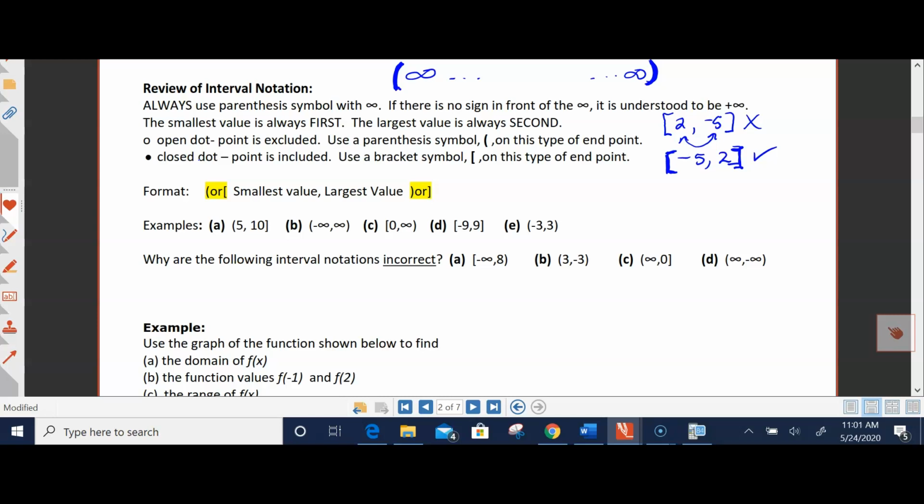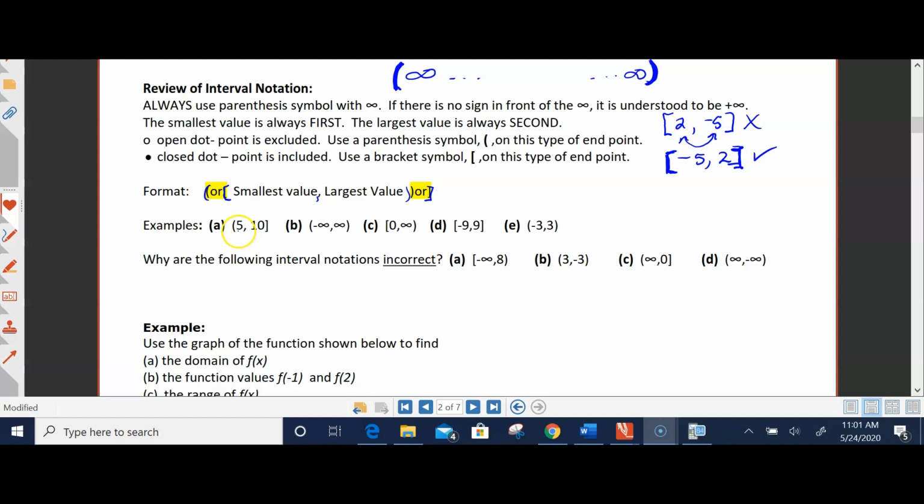So our format for our interval notation will either be a parenthesis or a bracket, the smallest value, comma, the largest value, and then a parenthesis or a bracket. So here are some examples of interval notation.